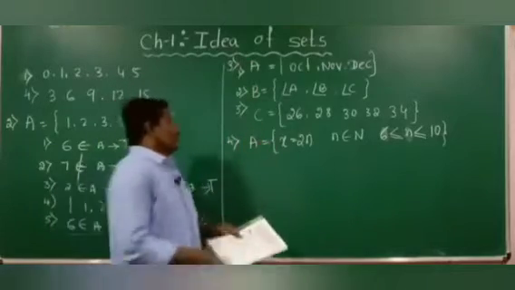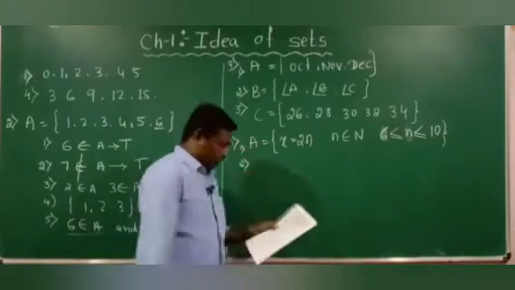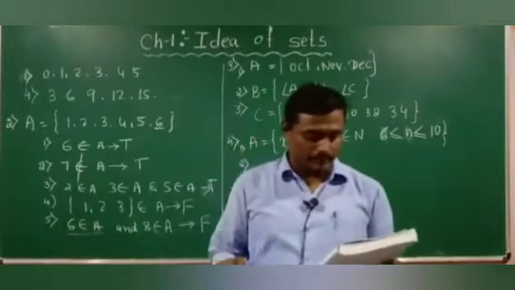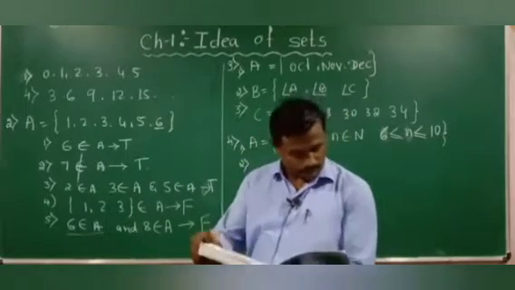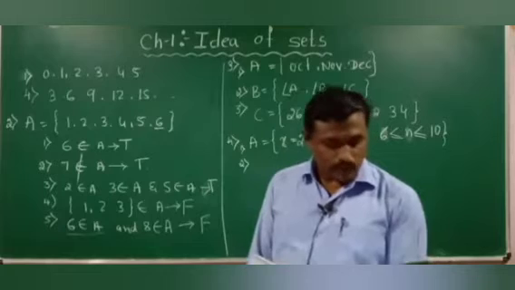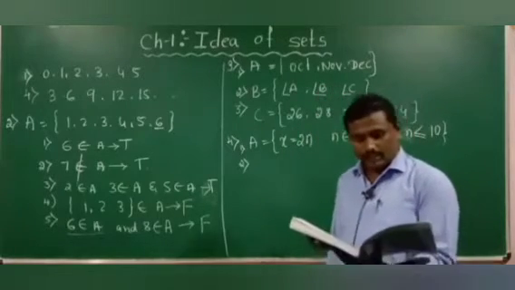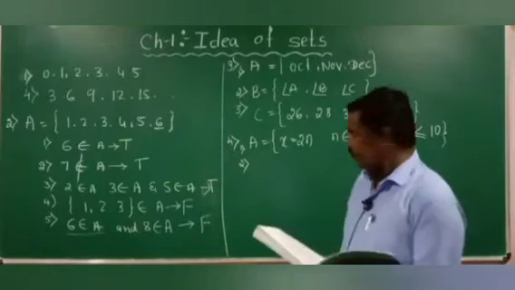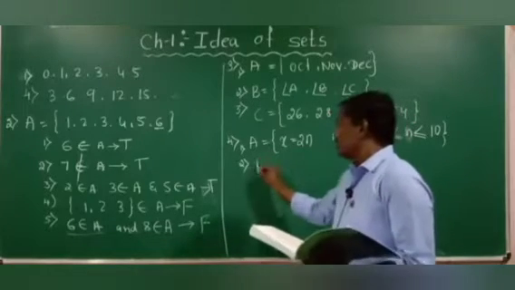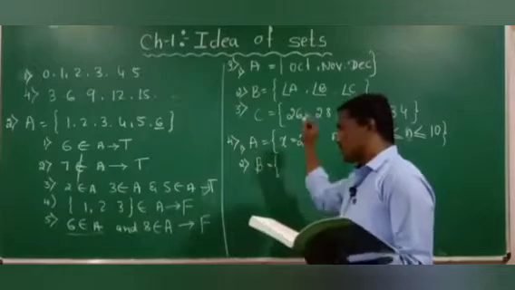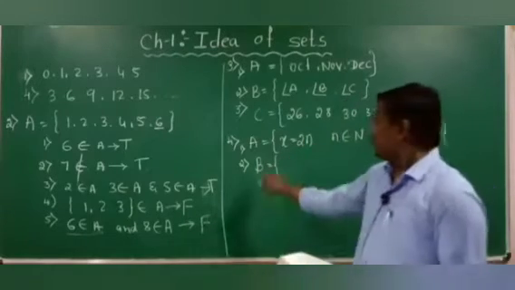Right? This is the first one. Now see the second question of fourth main. The set of whole numbers that are divisible by 6 and less than 48. That set I am considering it as a set B.